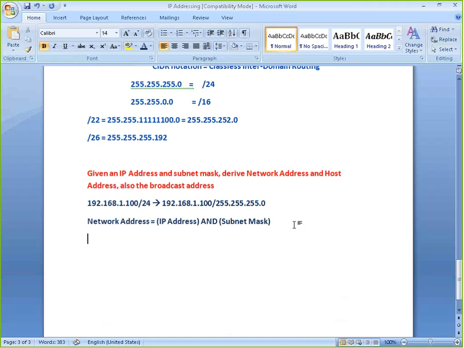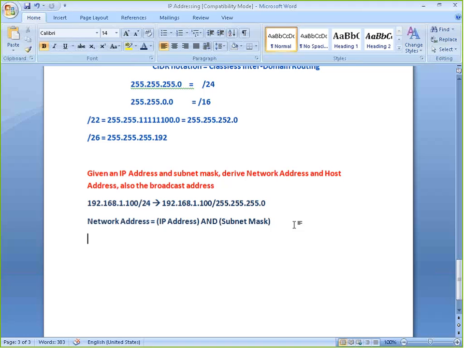Now, for carrying out this logical ANDing, we have to break down the entire decimal notation of the IP address as well as the subnet mask into binary. But rather than getting into those complexities, one of the simplest ways of doing it is to just follow the same AND logic I just discussed.